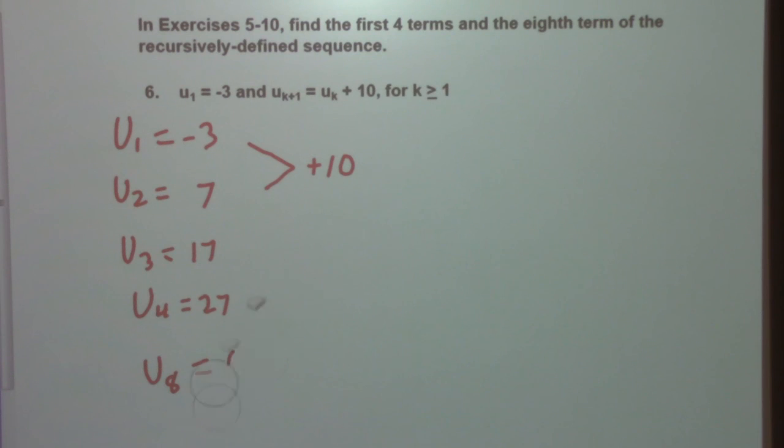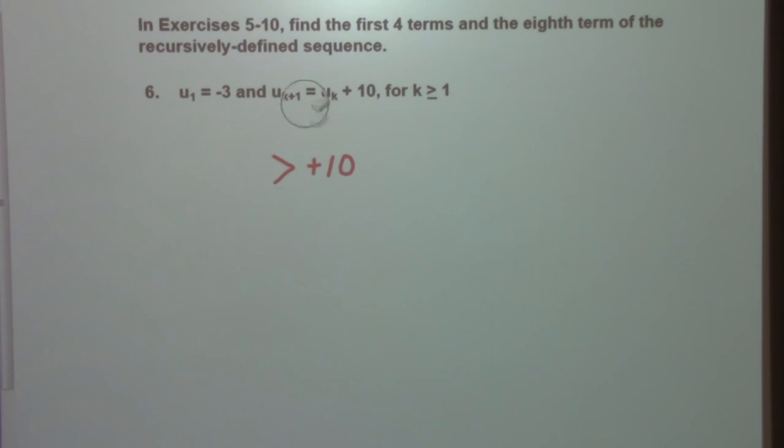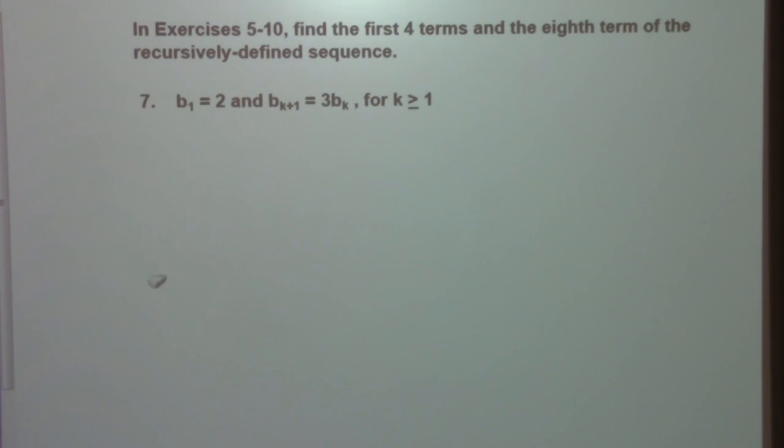And what I want to do is look at 7 and 8. In fact, we just may finish with 7 and 8 today. Okay, 7 and 8, instead of an arithmetic sequence, this is a geometric sequence. So b sub 1 is equal to 2.